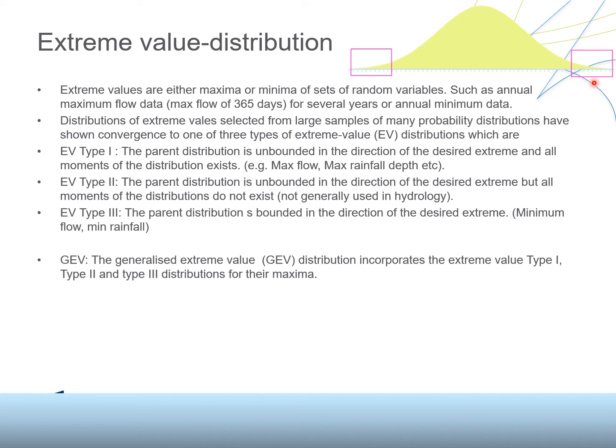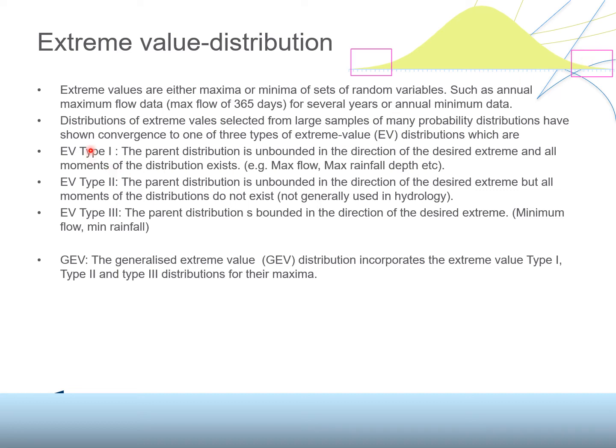So we'll have 30 data which will nearly fall around this area. It's not necessarily here, but most of them will be in this outlying area, right? And we want to see what distribution those extreme values follow, right?